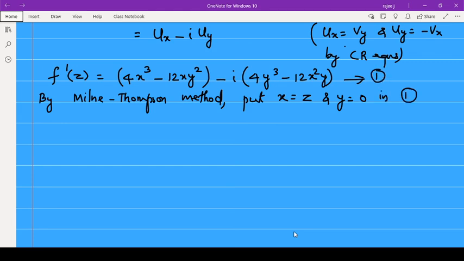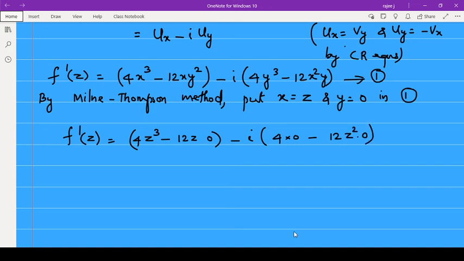Here put x equal to z, therefore f dash z will become 4z cube minus 12 into z into 0, minus i into 4 into 0 minus 12 z square into 0.